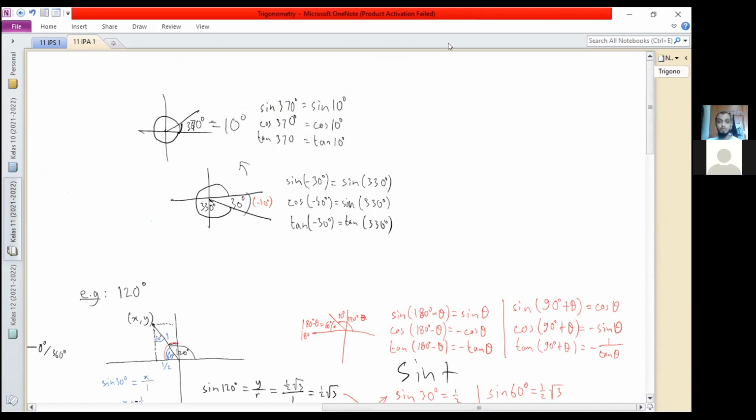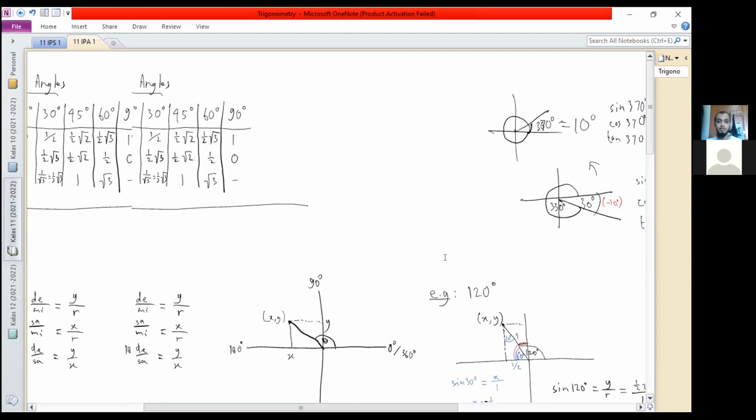So for example, if you are finding the sine of 370 degrees, it is just the sine of 370 minus 360, because 360 is one rotation. The result will still be the same. So that's it for this.